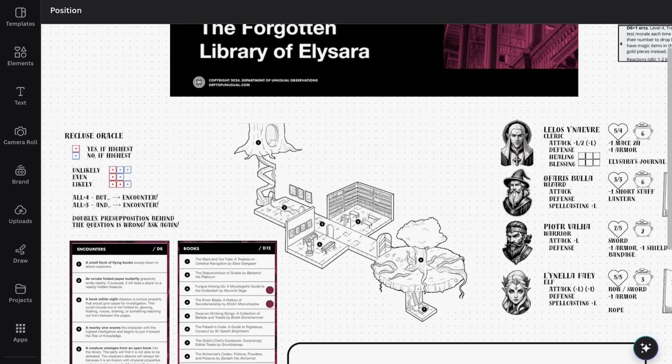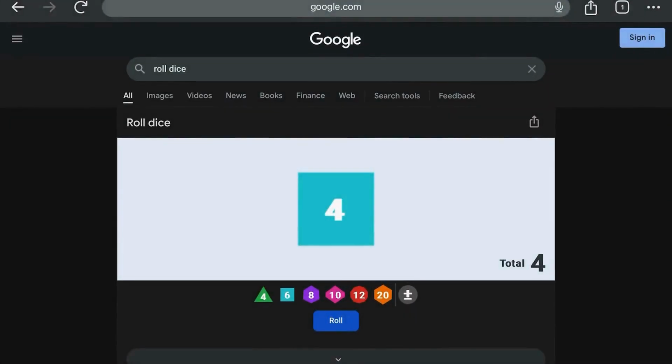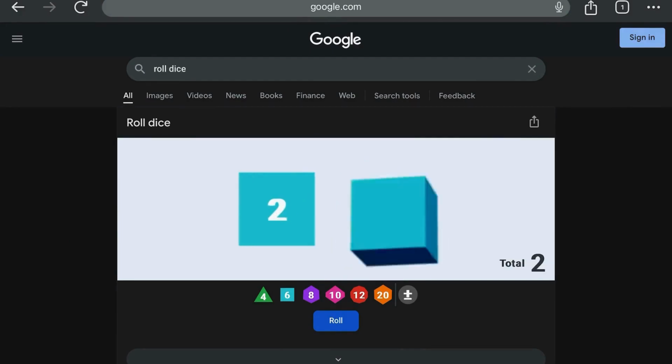I will roll for treasure in the core book, and let's see if they want to steal it as kind of raiders, tomb raiders, in this case library raiders. So let's roll for treasure. 2, I know by heart it is 2d6 gold.